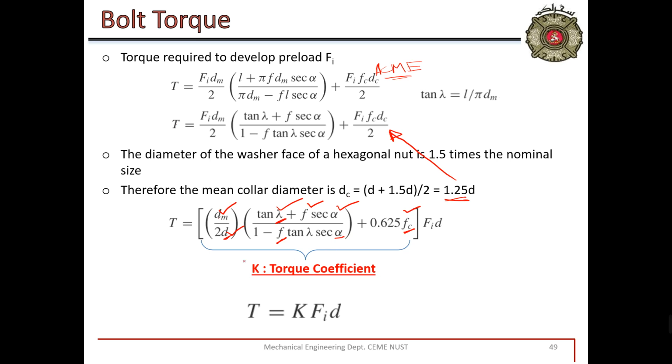After calculating all these parameters, calculate K. And then it is multiplied with the preload required or preload that you know, and the diameter d, the diameter of the bolt that you are using. After multiplying all these parameters it will give you the torque that actually exists in the bolt. Because this value is known, to apply this amount of Fi, you need to apply this amount of torque.